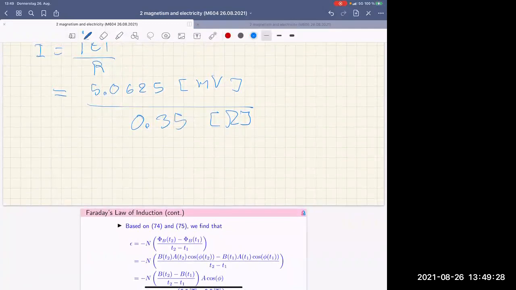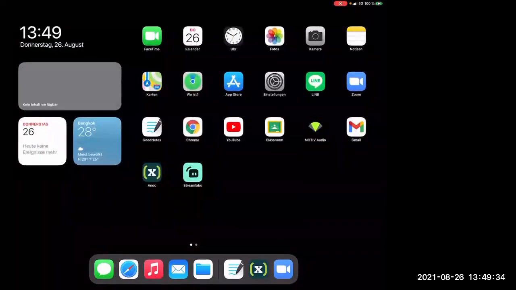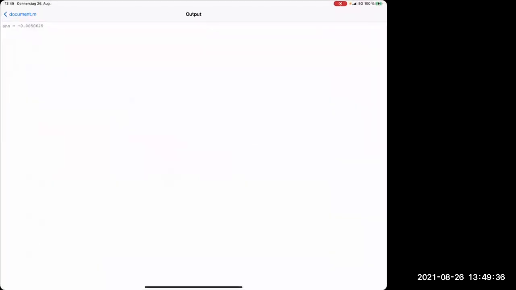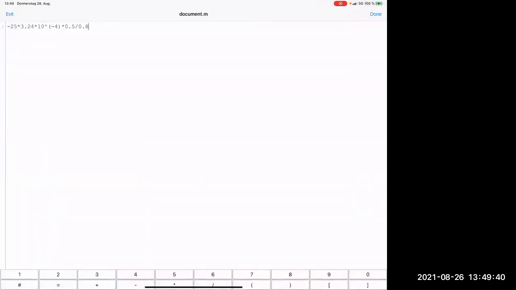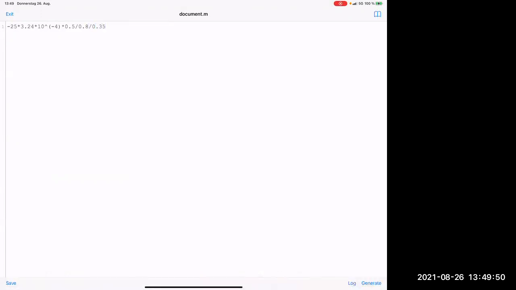0.35 like this, and you put it into the calculator again. 0.35, divide again 5.0625, and generate.